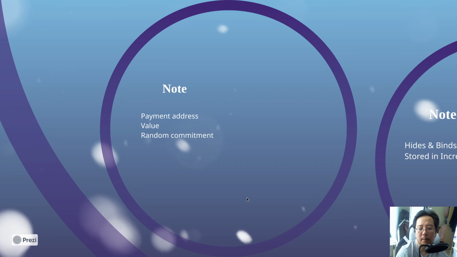The random commitment, like any commitment, is a value that makes sure that each node is different. Otherwise, you could have nodes that are identical because you are paying the same person the same amount. Each node has to be unique in the system.